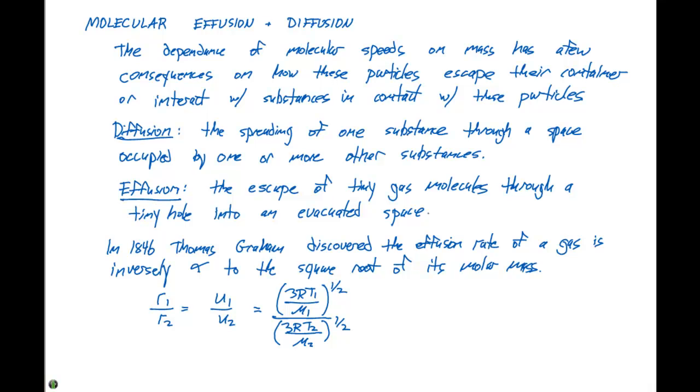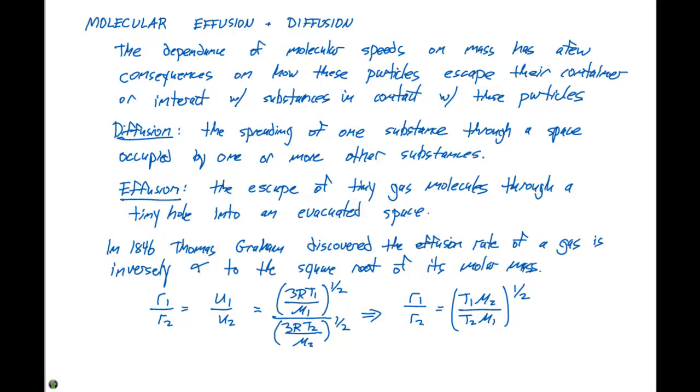So if we rearrange this equation a little bit, we can say that R1 over R2, which is the rate of each of these gases, is going to equal (T1 times m2 divided by T2 times m1) all to the 1/2 power.